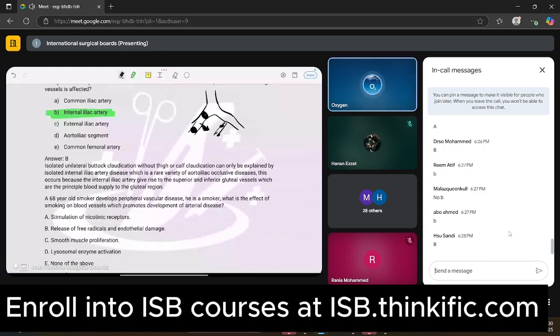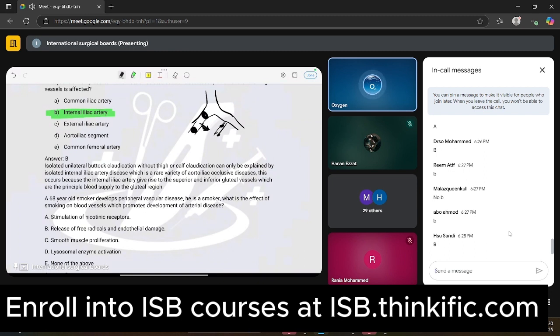A 68-year-old smoker develops peripheral vascular disease. What is the effect of smoking on blood vessels which promotes development of arterial disease? Stimulation of nicotinic receptors, release of free radicals and endothelial damage, which I think is the right answer. Smooth muscle proliferation, lysosomal enzyme activation.